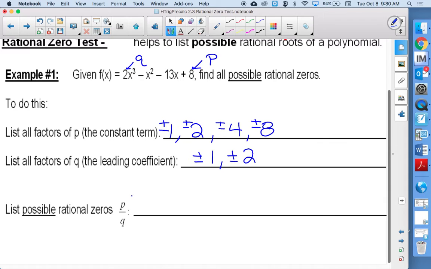So looking at my list of factors for p, I have a 1. And if I divide it by q, I would divide it by 1. And then I would take that same p value and divide it by the other factor for q. Because I'm going to list all of the possible zeros when I could take any combination of p and divide it by q. So 1 divided by 2.